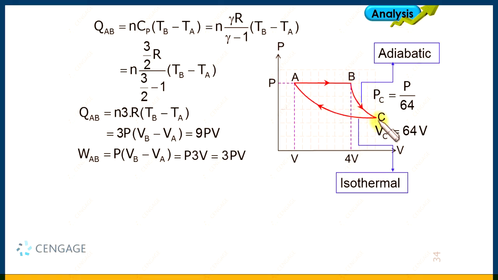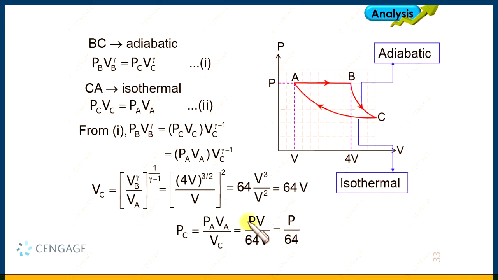B to C is an adiabatic process, and for an adiabatic process we have a ready-made formula for calculating work. We know the work in an adiabatic process is P initial V initial minus P final V final, divided by gamma minus 1. In the same fashion we can write the work for this process, and we know gamma equals 3 by 2, and PC and VC we have calculated already.